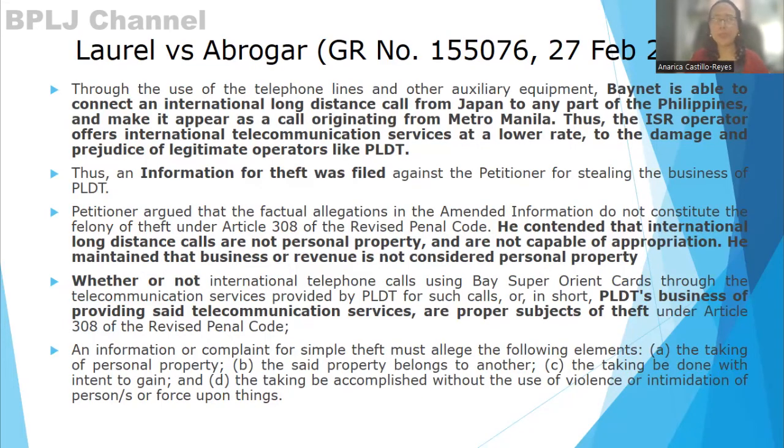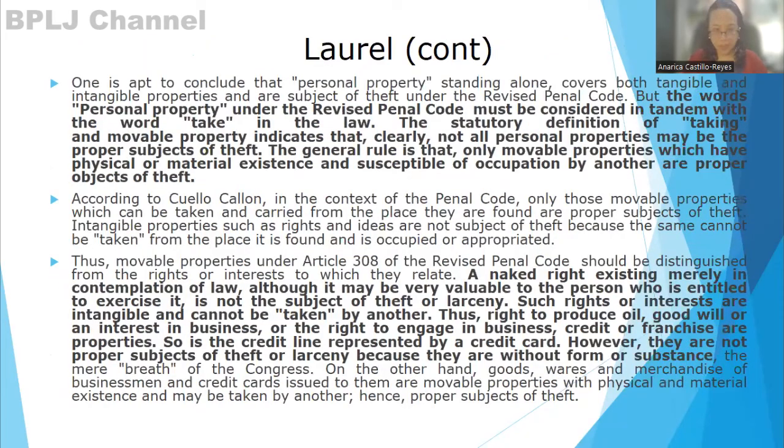You must remember that for simple theft to be present, the concurrence of the following elements are necessary. First is the taking of personal property. Second is that the property belongs to another person. Third is that the taking should be done with intent to gain, and that the taking be accomplished without the use of violence or intimidation of persons or force upon things.